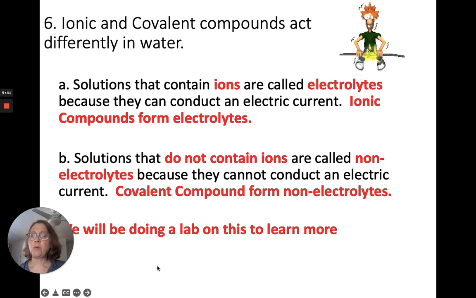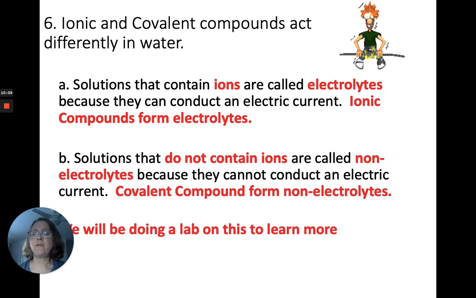All right, now we're going to learn a few definitions, but we're going to be doing a lab to learn more soon, but we're going to write down these definitions. So you see, ionic and covalent compounds act differently in water. And that actually has repercussions in terms of whether or not the solution will conduct electricity. Solutions that contain ions, ionic compounds, are called electrolytes because they can conduct an electric current.